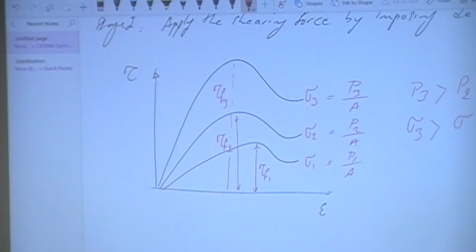Sigma 3 is greater than sigma 2, greater than sigma 1. So the higher the level of confinement, the higher the strength of the material.